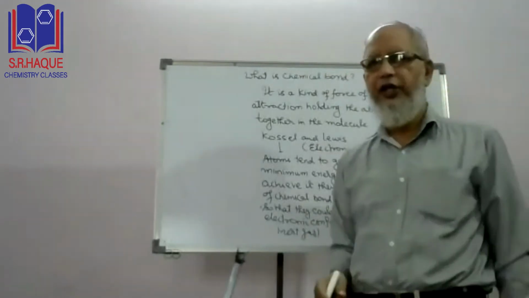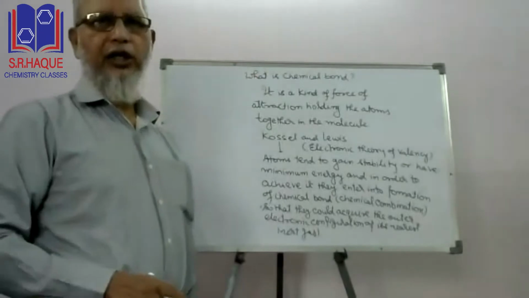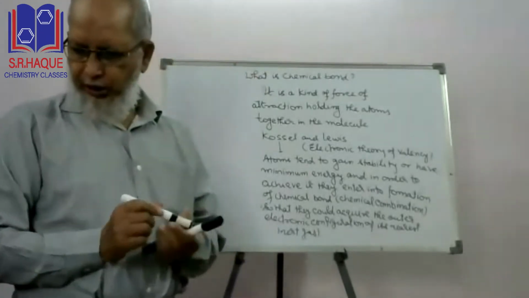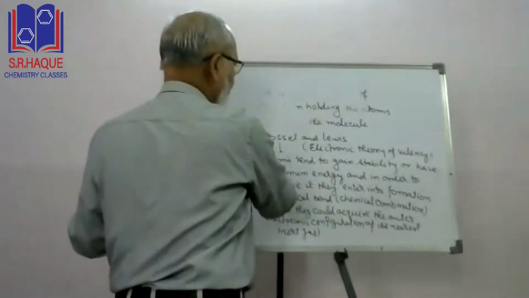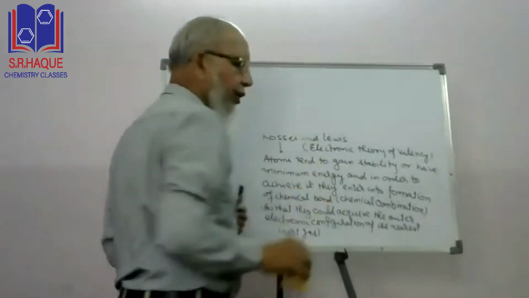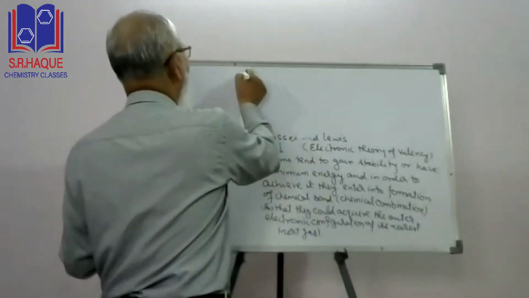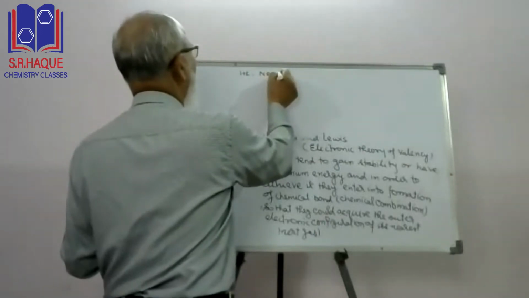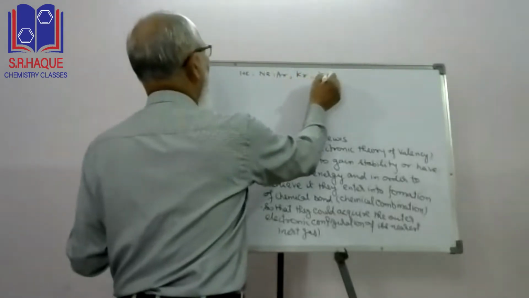Outer electronic configuration, as I have told you, means the electrons present in the outermost shell, the valence shell. The noble gases are helium, neon, argon, krypton, xenon, and radon.